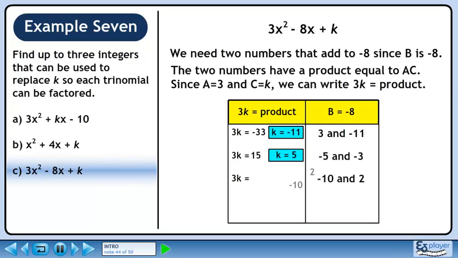The product of minus 10 and 2 is minus 20. This won't work since minus 20 divided by 3 is a decimal number. Now try minus 2 and minus 6. These numbers have a product of 12. Divide both sides by 3 to get k equals 4.